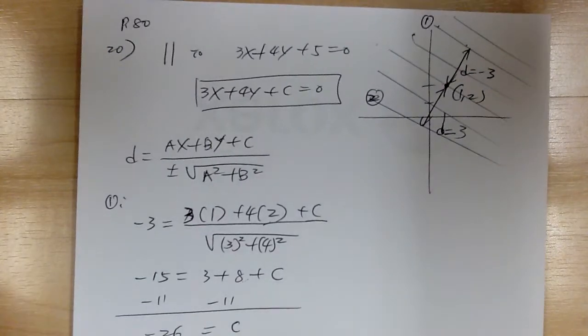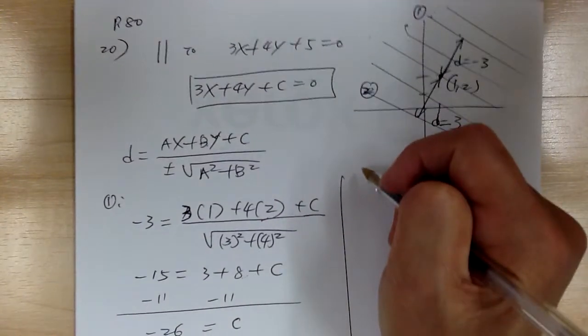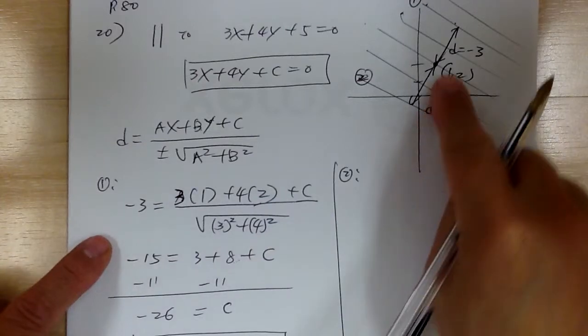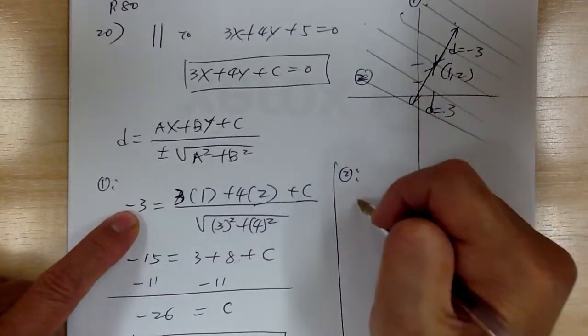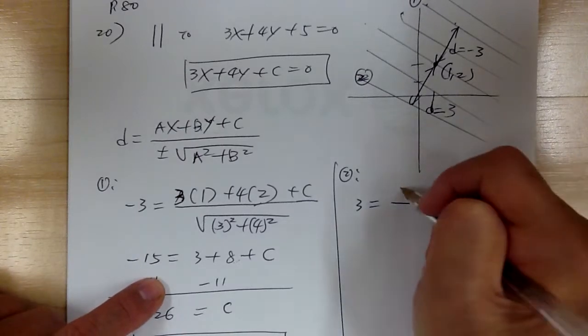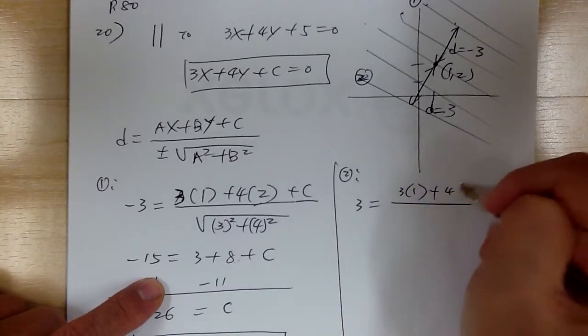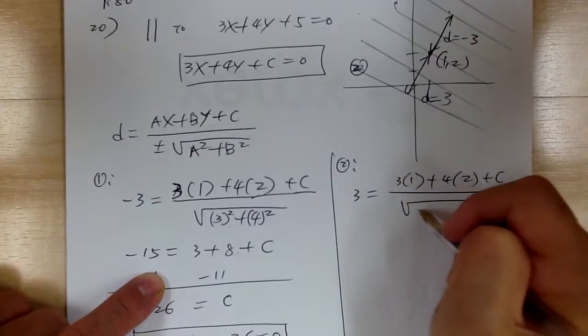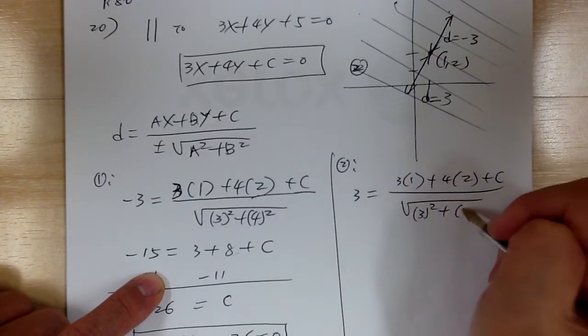Now let's go to number 2. For equation 2, it's the same thing except now the point is above, so d will be positive. So you get 3 equal to 3 times 1 plus 4 times 2 plus c, over the square root of 3 squared plus 4 squared.